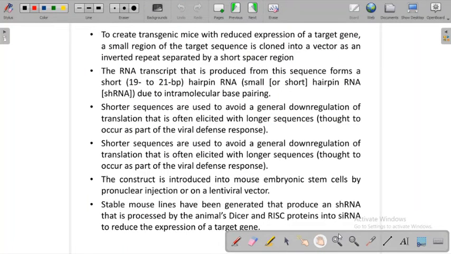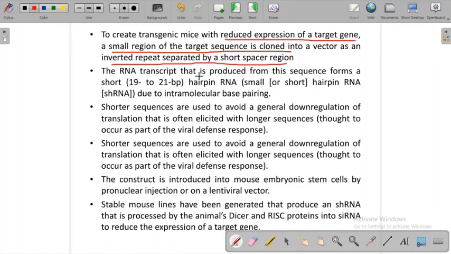So now what happens to create these transgenic mice? To create these transgenic mice with reduced expression of a target gene, a small region of the target sequence is cloned into a vector as an inverted repeat separated by a short spacer region, okay.